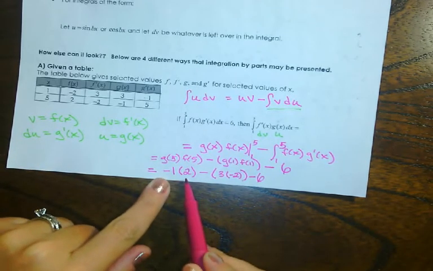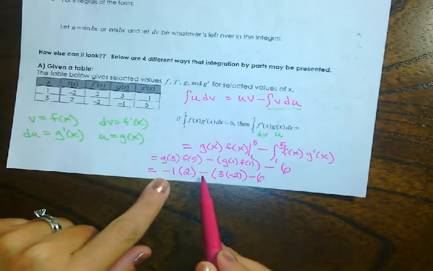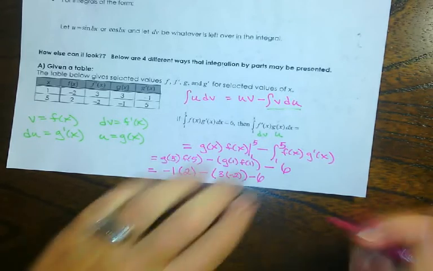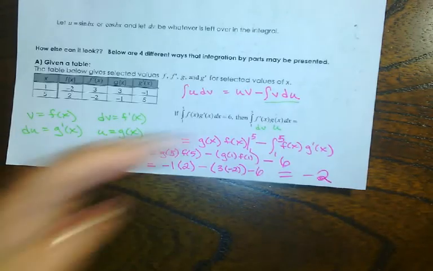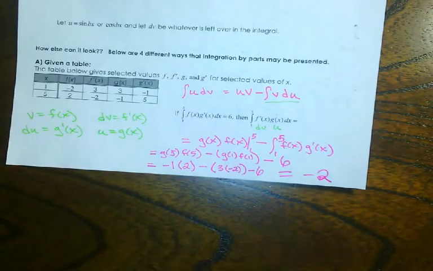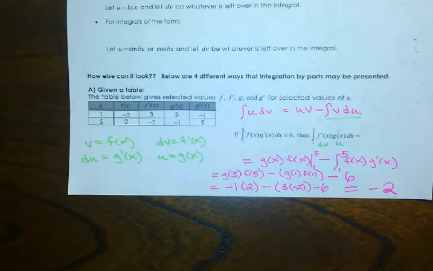So you've got negative 2, and then this gives you a negative 6, but it's a plus 6, so those cancel. I think your final answer is negative 2. Just check my arithmetic there. But that might be one way that you see integration by parts tested as a multiple choice question. That's kind of tricky, so walk through that one again and make sure you know what you're doing in that example.